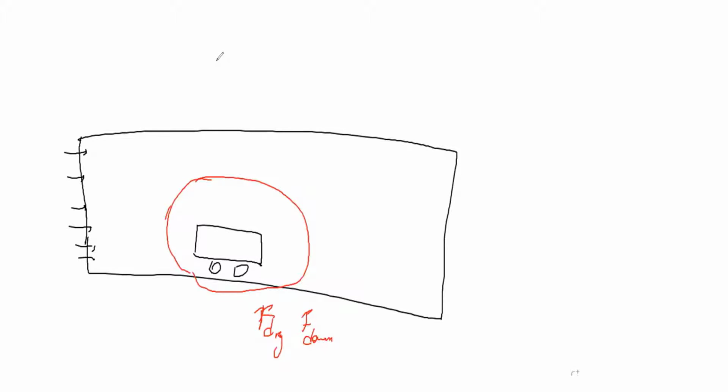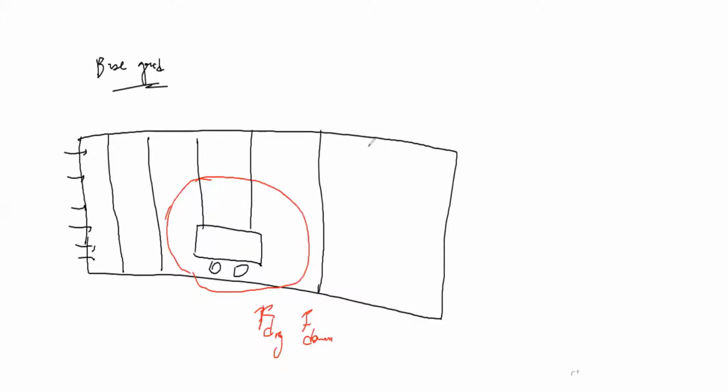So what we do while setting up the cases, there is a term called base grid. We'll put that base grid, which will be common to the entire volumetric region.